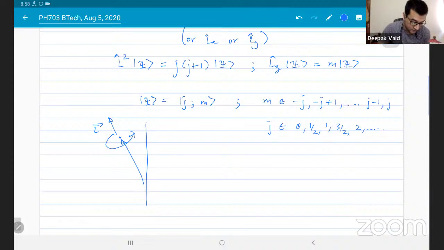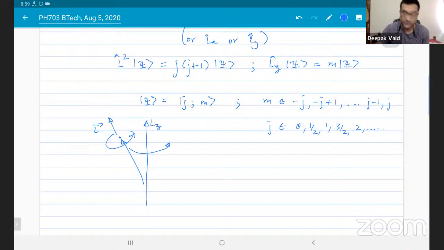But then that top is also precessing around this vertical axis, and around this vertical axis it has some angular momentum Lz. So this becomes the orbital angular momentum, and this becomes the azimuthal or magnetic quantum number.